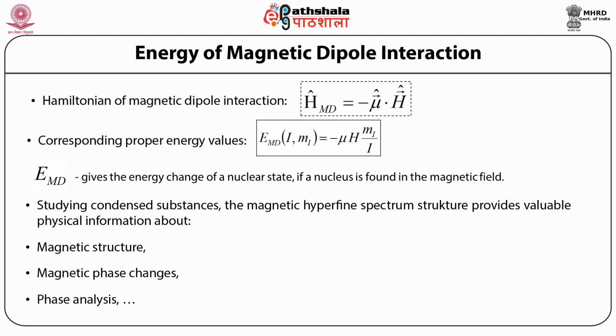So I think through this Mossbauer spectroscopy, this 6-line pattern is very, very important to understand the magnetic behavior of those materials at different temperature ranges: at room temperature, at low temperature, at high temperature, and even in the presence of magnetic field.